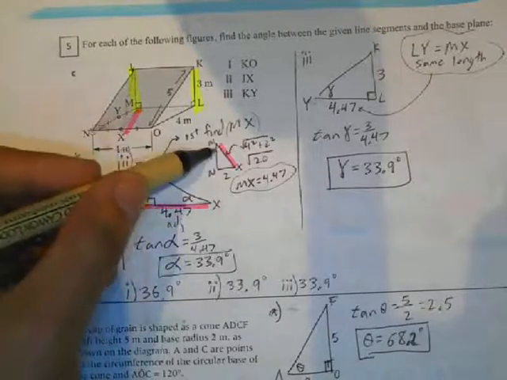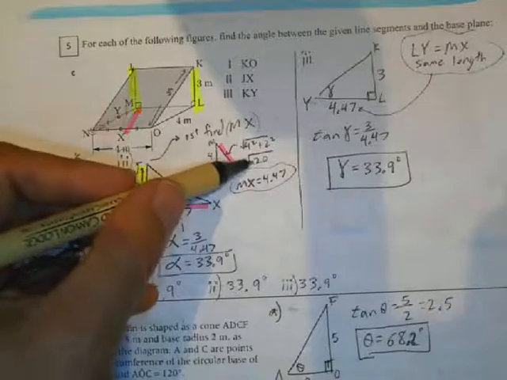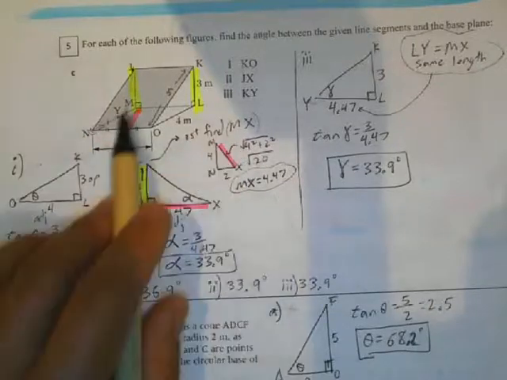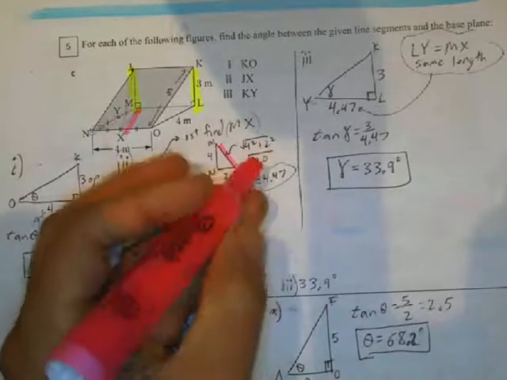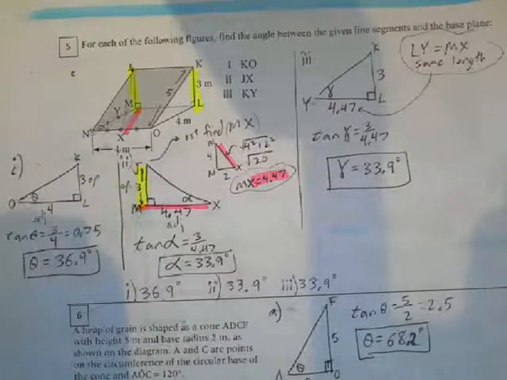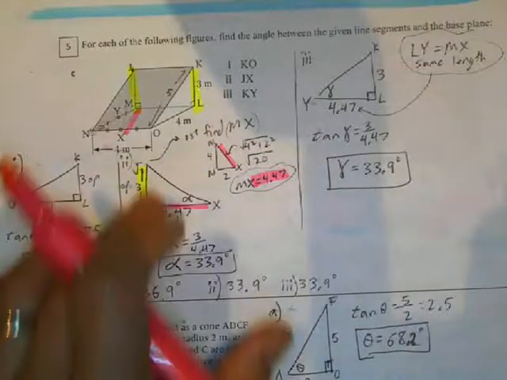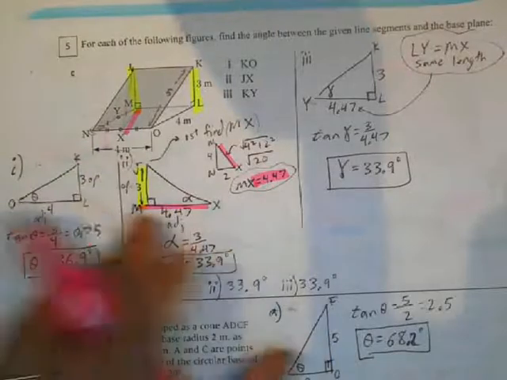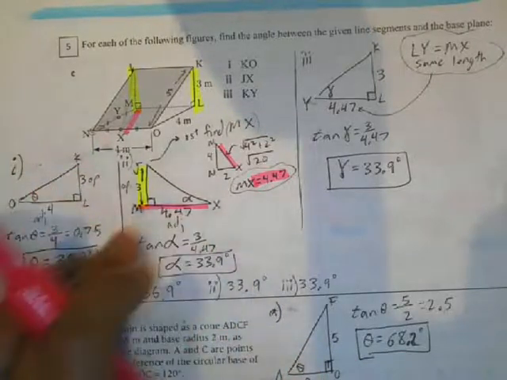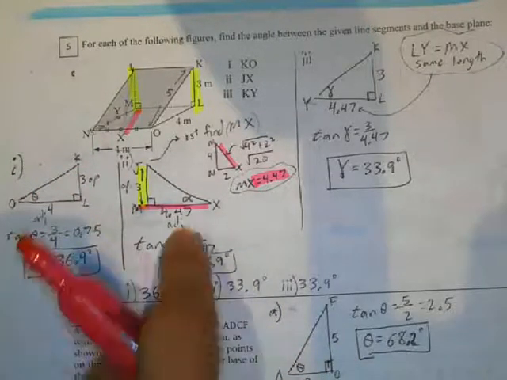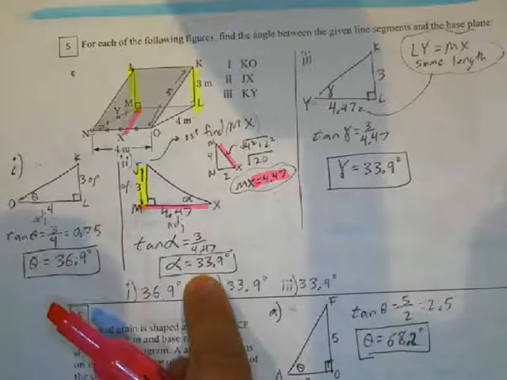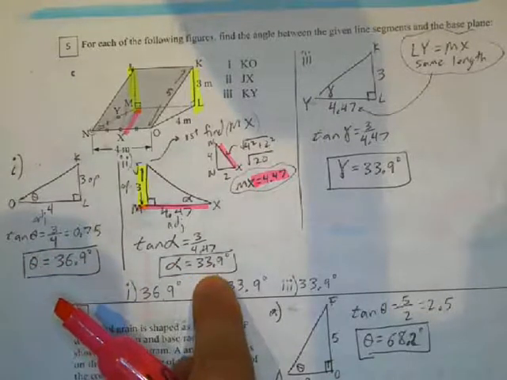So 4 squared plus 2 squared gives me 20, square root of that, and the length of this pink line is 4.47. Now that I know the length of the pink line, I can find this angle, opposite over adjacent. I'm going to use tangent, set up the ratio, inverse tangent, and I get 33.9.